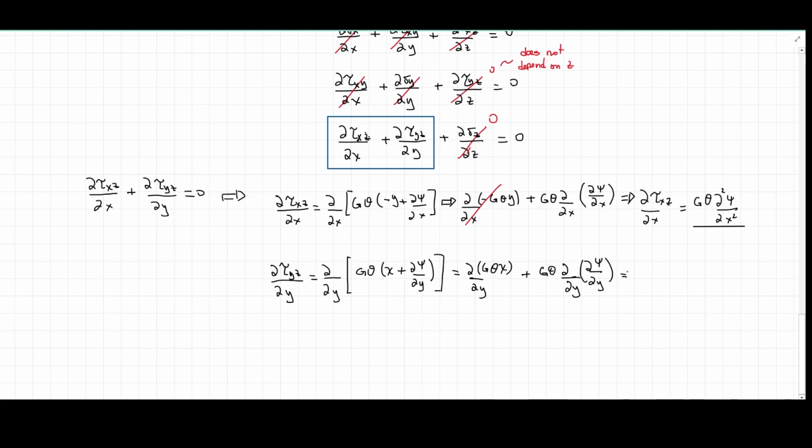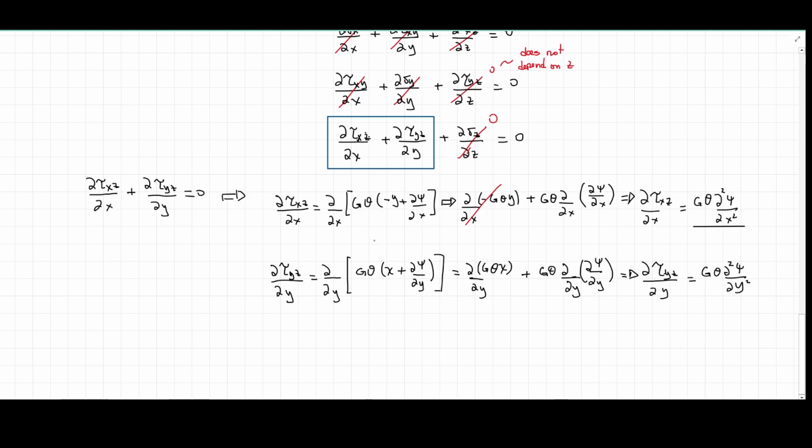Then I can write it down as the semi-final form as this one here, which is G theta, then the second derivative of this side with respect to y square.